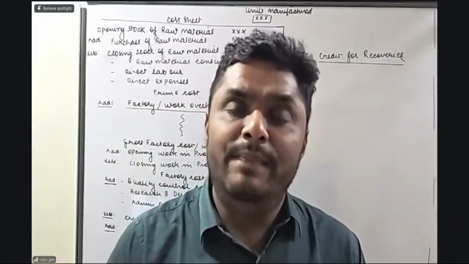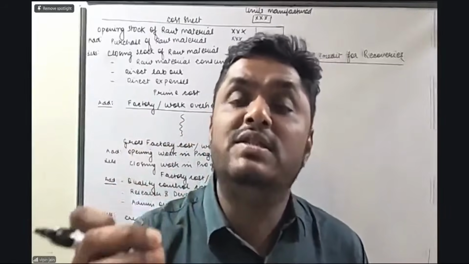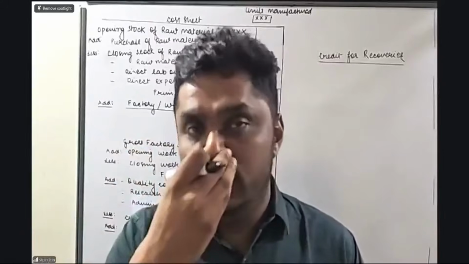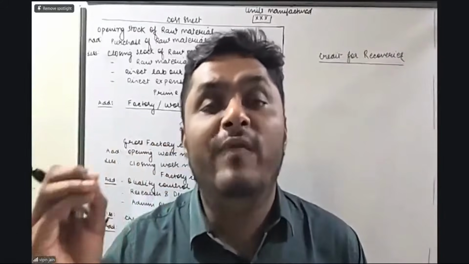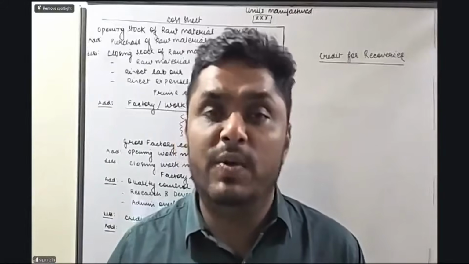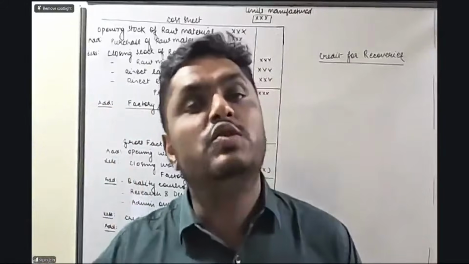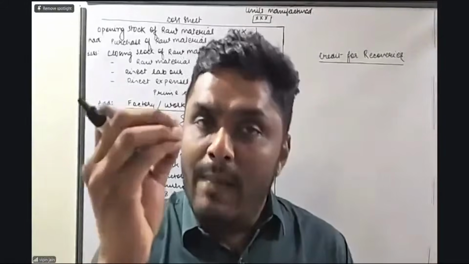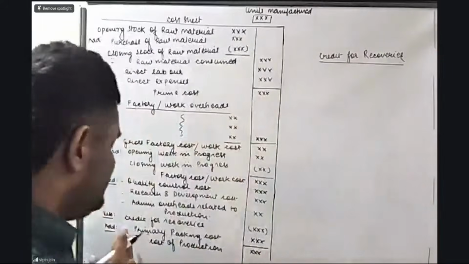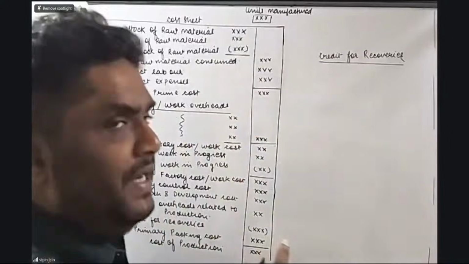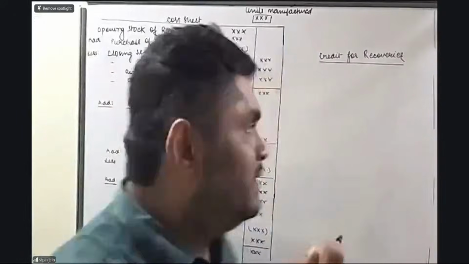But let's say if any scrap is generated from the production process, not directly from raw material, but if any scrap or waste is generated from the production process and that scrap is sold in the market, then the amount realized on sale of that scrap will be deducted as credit for recoveries. I repeat again, there are two terms.